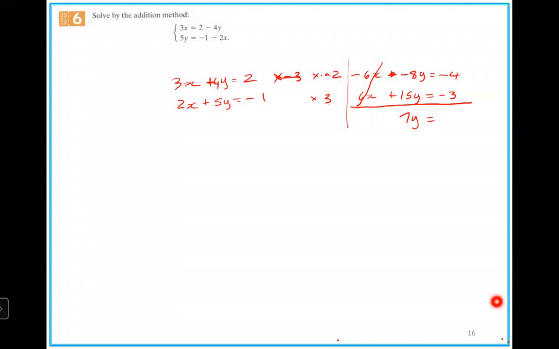Hold on, I didn't change it. Negative 4 plus negative 3 is negative 7. So that means y is equal to negative 1.